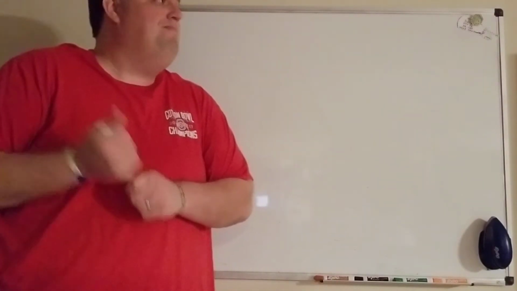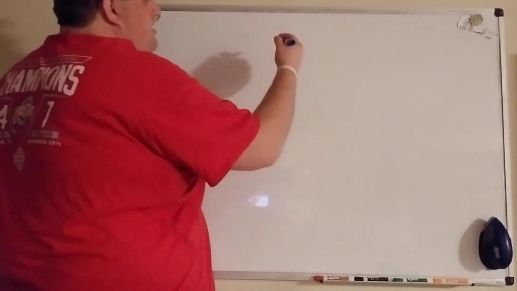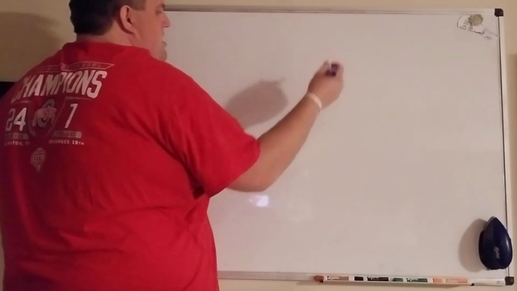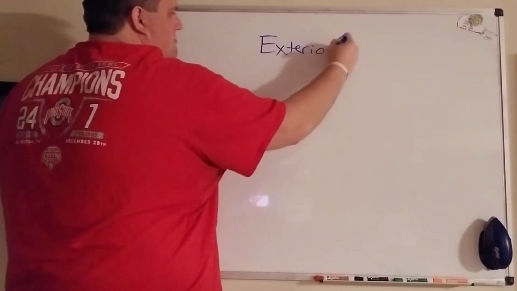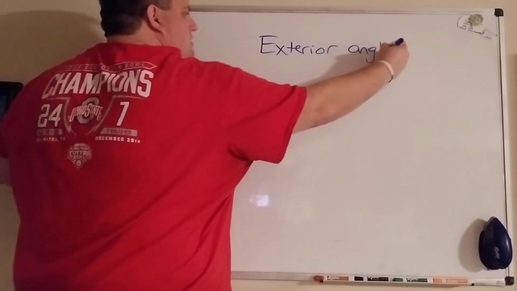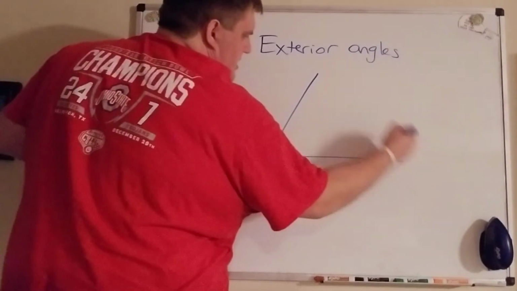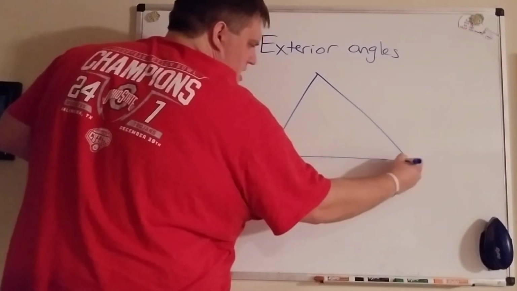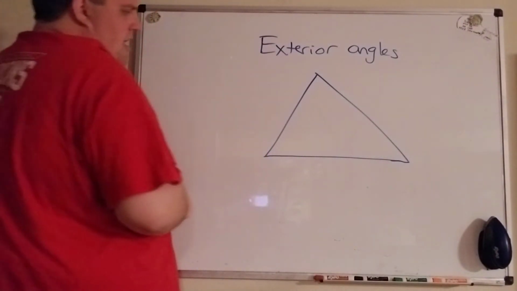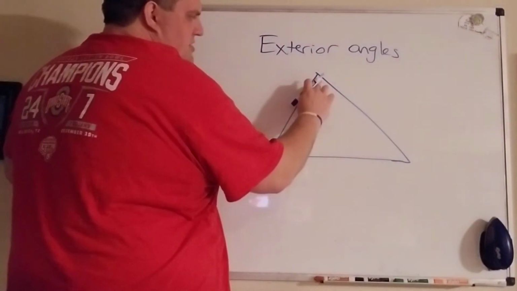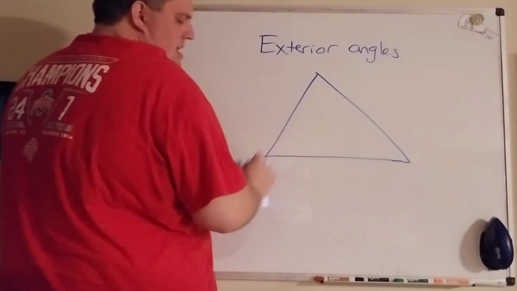So that's awesome. So today we're going to talk about exterior angles, interior and exterior. So an exterior angle is kind of interesting. Let's say we had a triangle. First of all, these are interior, the angles that we can see.